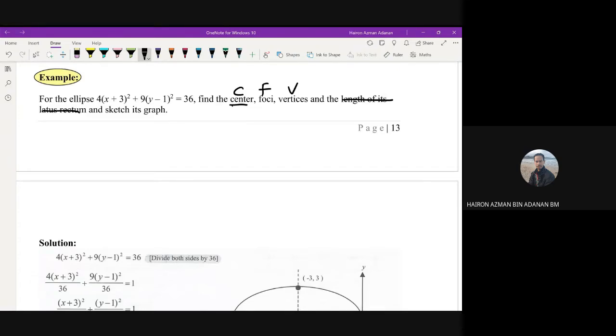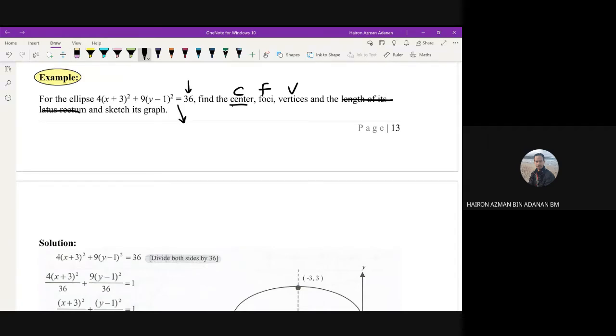For me, the first step: this one is not really general, actually we can change it to standard form. Just divide by 36, because 36 equals 1.